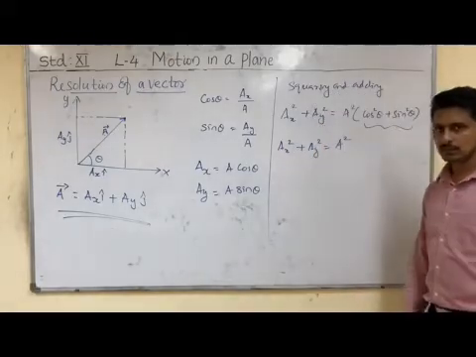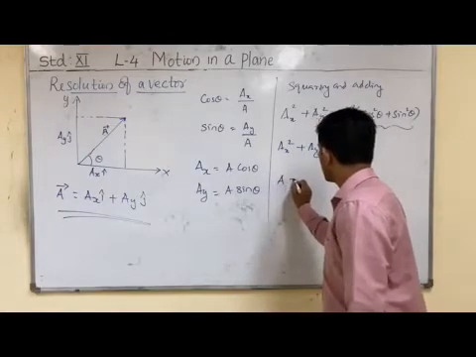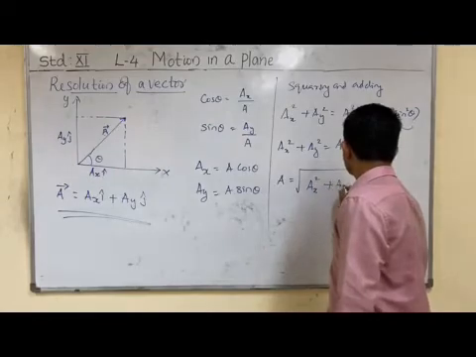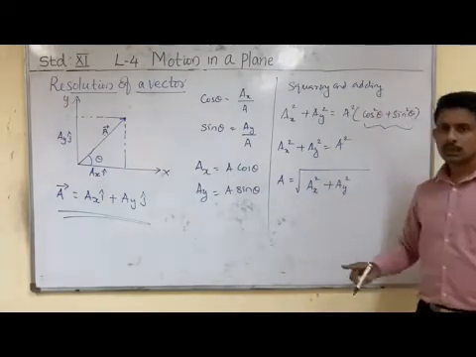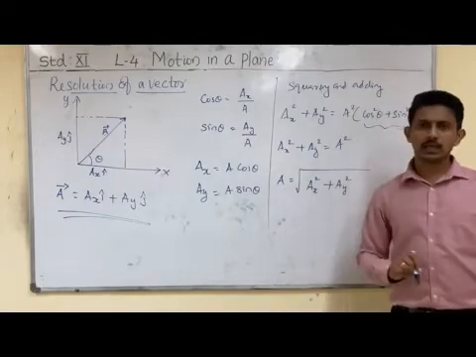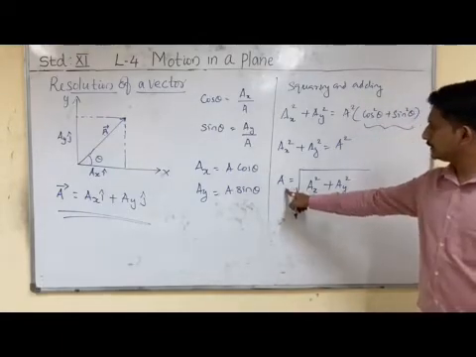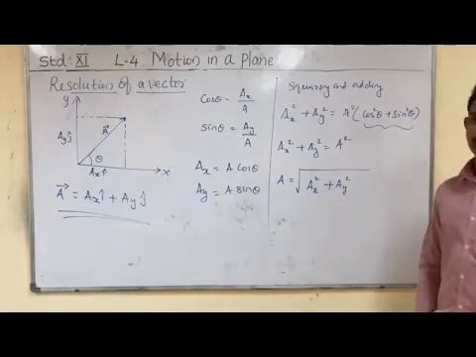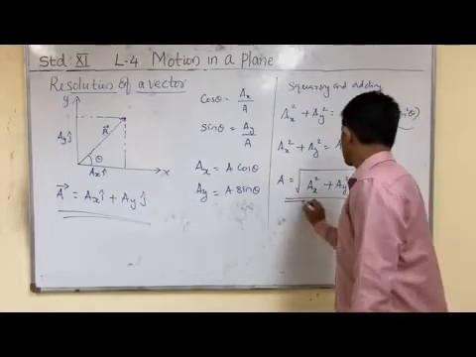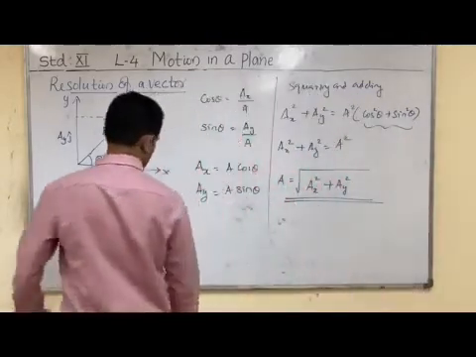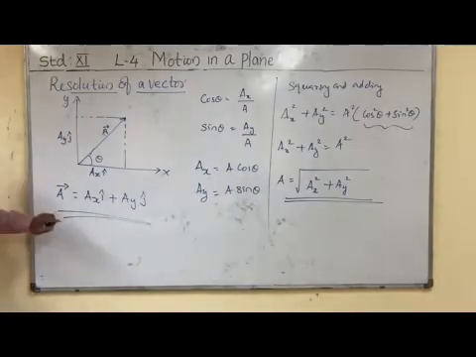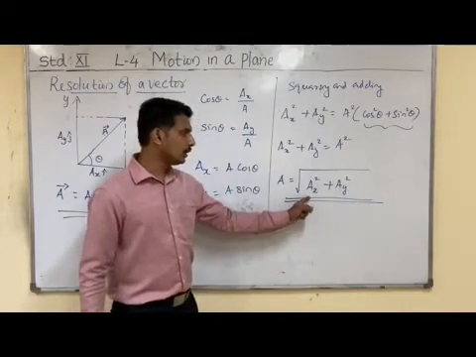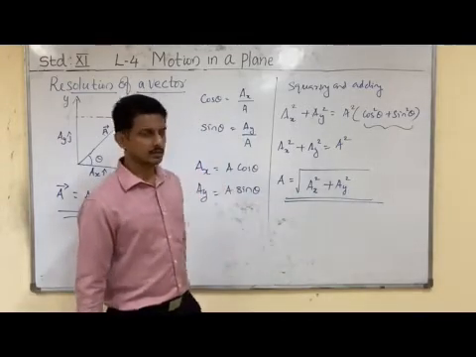So the magnitude of vector A is given as A is equal to the square root of AX square plus AY square.